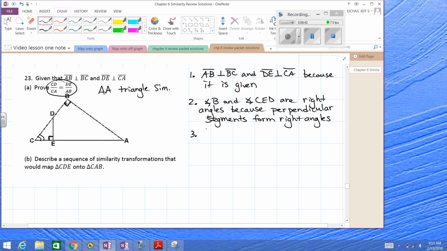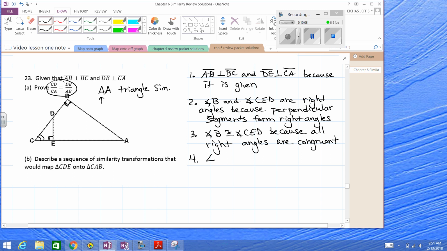All right, so now I've got right angles. Let's make them congruent because we do want angle, angle. So angle B is now congruent to angle CED. That's because all right angles are congruent. All right, that's our first move.